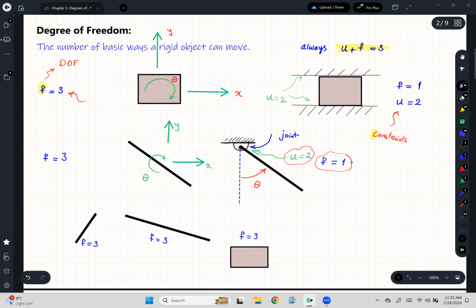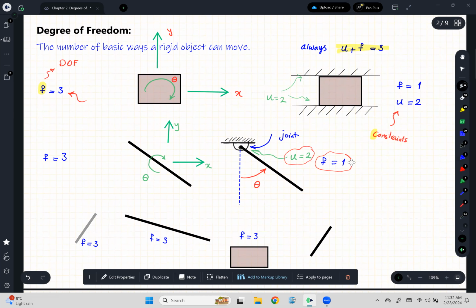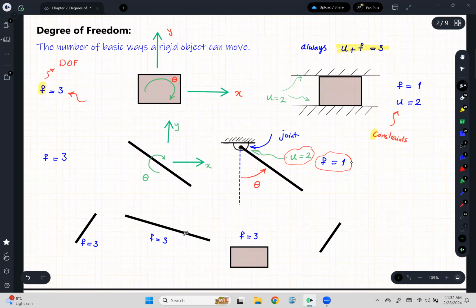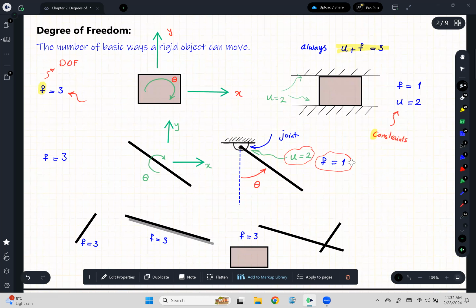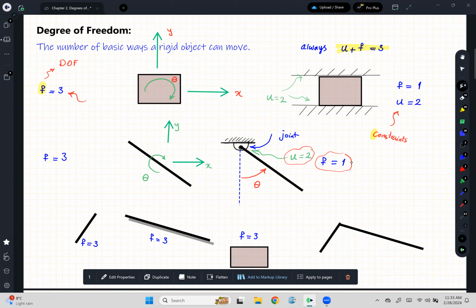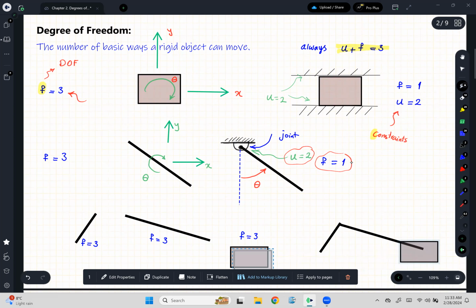Now, let's assemble them together in a simple mechanism. So I copy this link and I put this link there, and I put that link there as well.